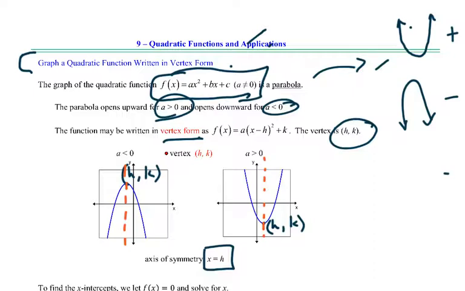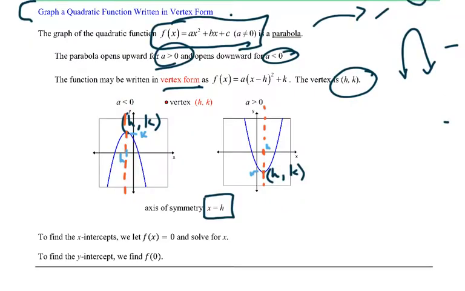So if our coordinate pair for our vertex is equal to (h, k), h on the x-axis and k on the y-axis, our axis of symmetry must be the vertical line that goes directly through that vertex that we found.